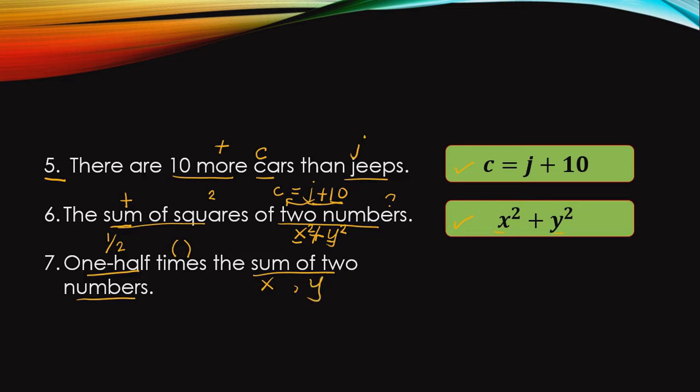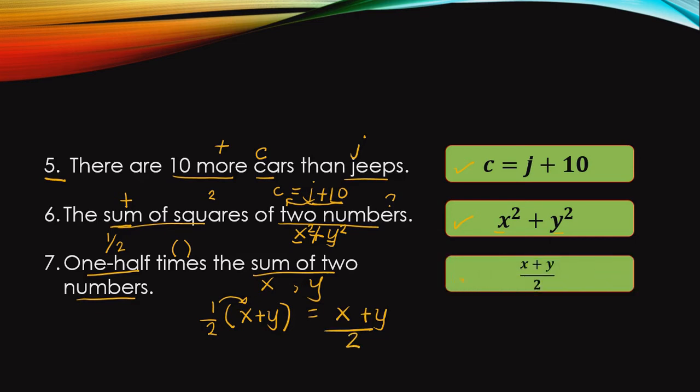In translation, we have 1/2 times x plus y, because sum means addition, x plus y. If we distribute, the answer will be x plus y over 2.